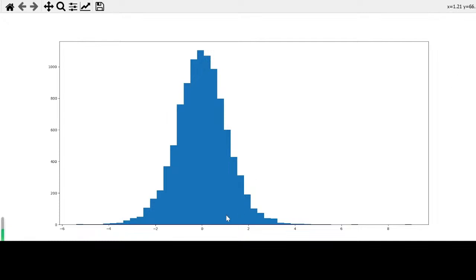Because we set the location to the default value, you can see the highest frequency value is 0. The mean value, also the median value, also the mode in this distribution is 0.